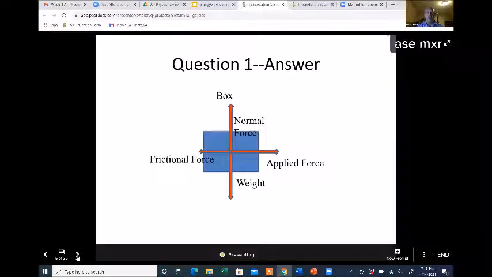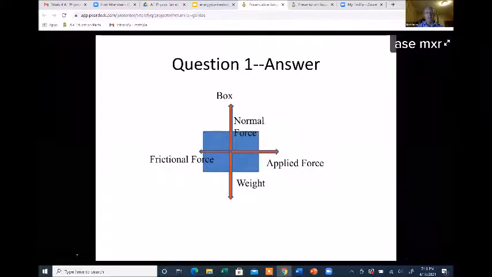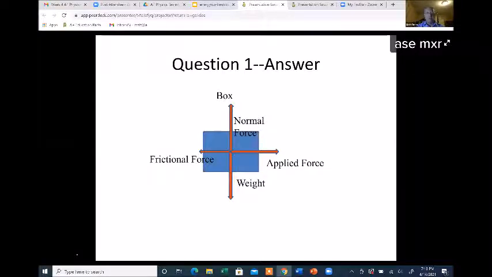So when we draw our free body diagram, we want to make sure that we draw the applied force arrow a little bit longer than the frictional force arrow, because the lengths of those arrows can represent the magnitude of the forces. The normal force and the weight should be the same length because they're the same magnitude force. The applied force should be a longer arrow because it's a larger force than the frictional force.